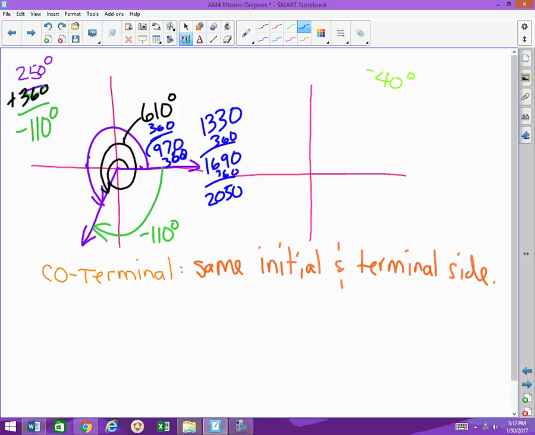So 970 is another coterminal angle. 1330, 1690, 2050. Do the same thing with the negative angles. If you subtract 360 from that, you're going to get a negative 470. If you subtract 360 again, you're going to get a negative 830, and so on and so forth.